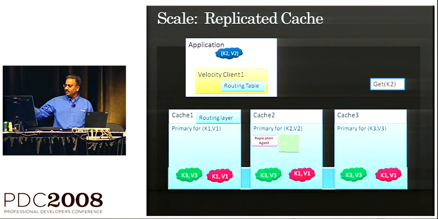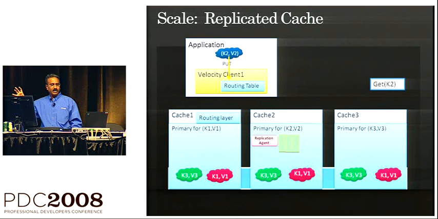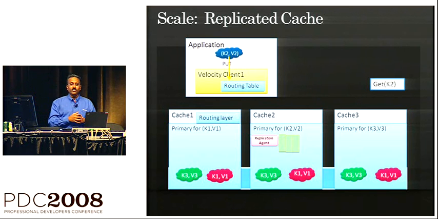I have 3 caches, and I already have some data items there. Now I put a new data item, and there is something called a routing table, which directs your request to one of the nodes. The reason for that one node is that we have a notion of a primary.